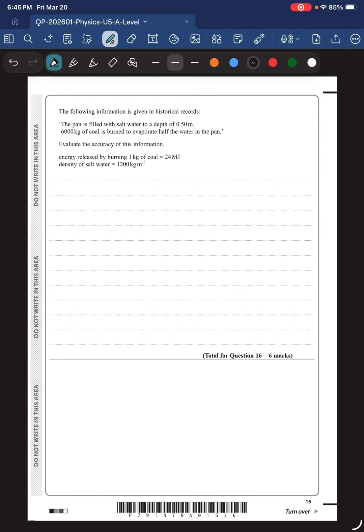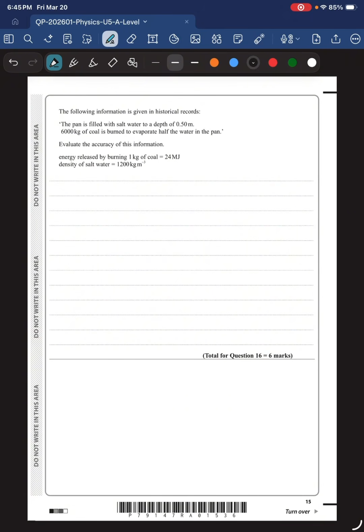The pan is filled with salt water to a depth of 0.5 meters. 6,000 kilograms of coal is burned to evaporate half the water in the pan. Evaluate the accuracy of this information given that the energy released by burning 1 kilogram of coal is 24 megajoules, and the density of salt water is 1,200 kilograms per cubic meter.